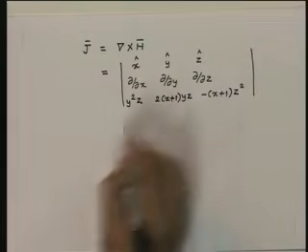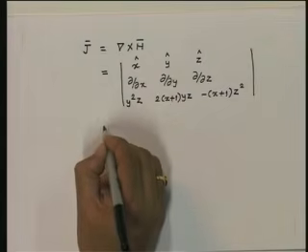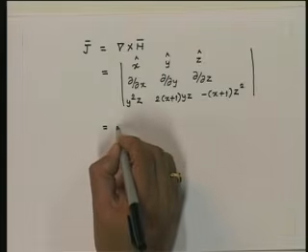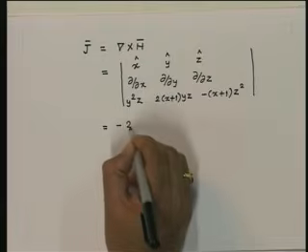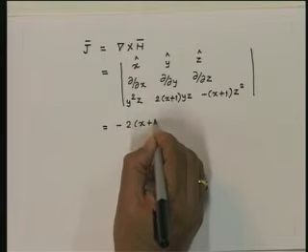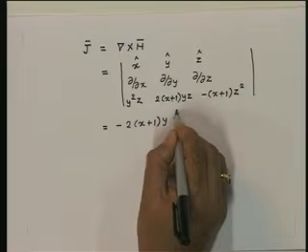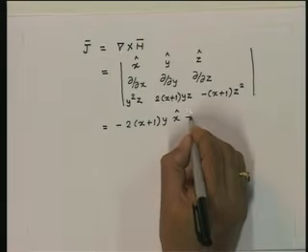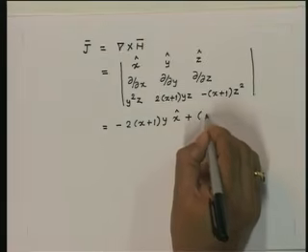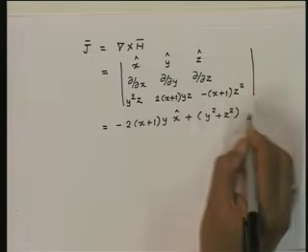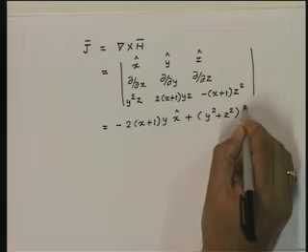If I expand this, essentially we get the conduction current density in the vectorial form, which will be minus 2 (x plus 1) y x cap plus (y square plus z square) y cap.